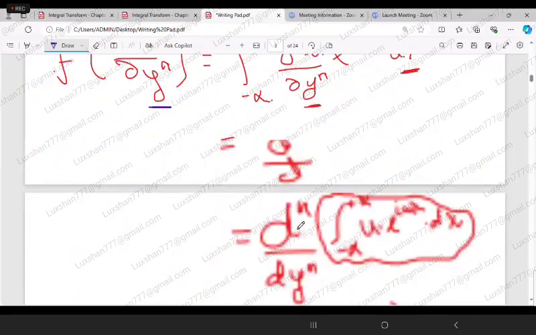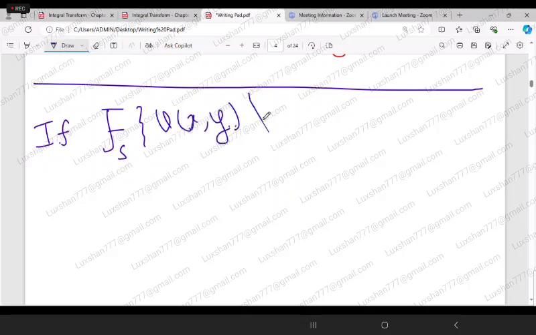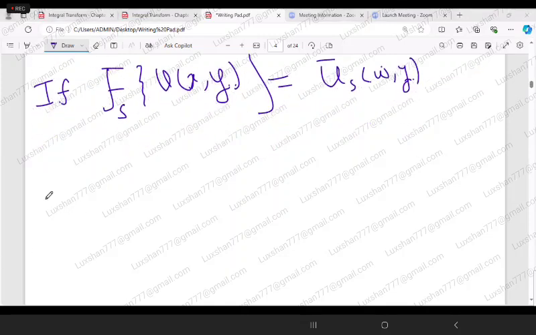Similarly, what you can do is, if the Fourier sine transform of the function u(x, y) is equal to ū_s(ω, y), now I am asking, what is the sine Fourier transform of ∂u/∂x?